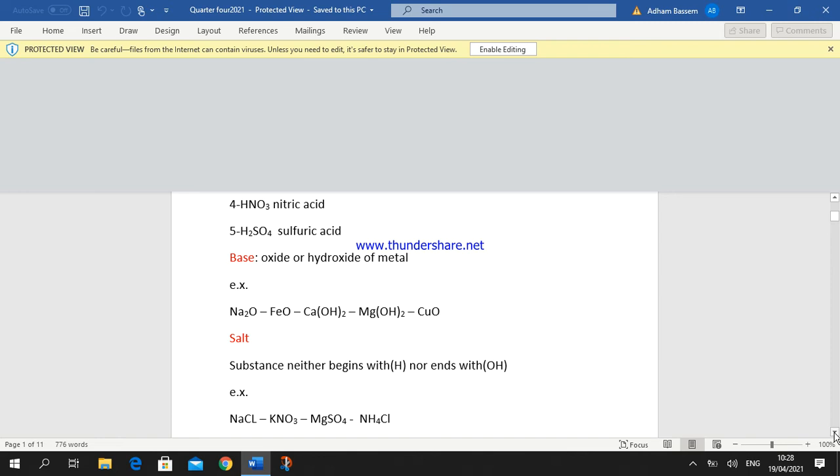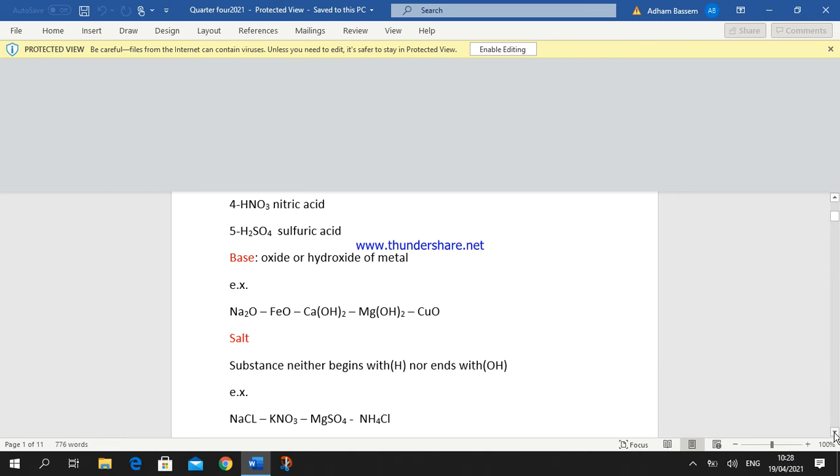Also, we have another type of compound known as oxides, which result from the combination of a metal or non-metal element with oxygen. So we have two types of oxides, metal oxides and non-metal oxides. What is the difference between them?